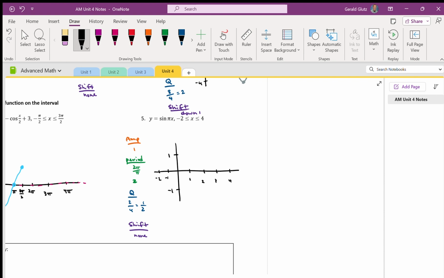So I'm going to make these little mini parts, and those mini parts are the quarter sections. So that's how far right or left I need to move in order to go up the amplitude. Our midline is going to be on the x-axis.